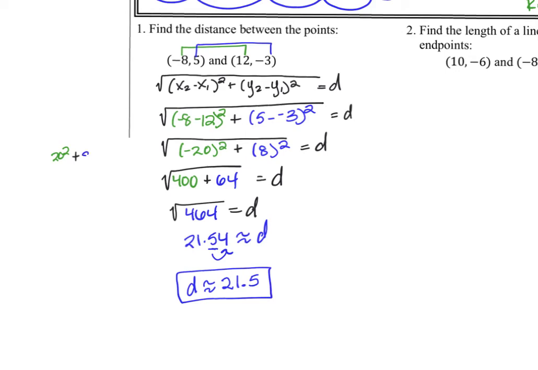So that would be plus 8 squared is equal to c squared. So 20 squared is 400. 8 squared is 64. Hopefully you can see where we're going with this. 400 plus 64 is 464 equals c squared.